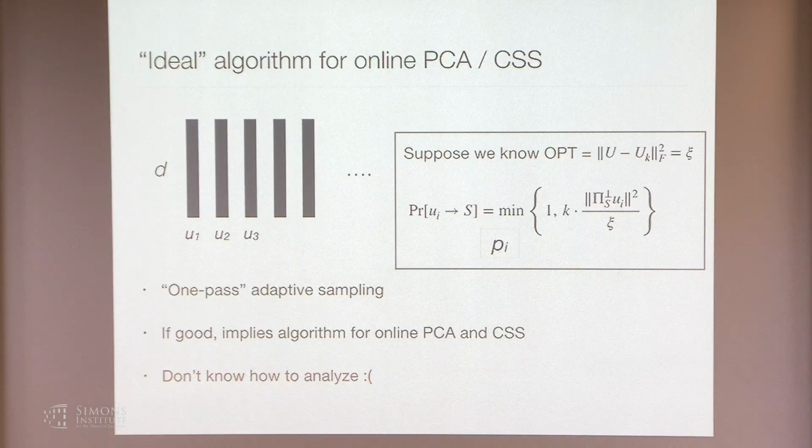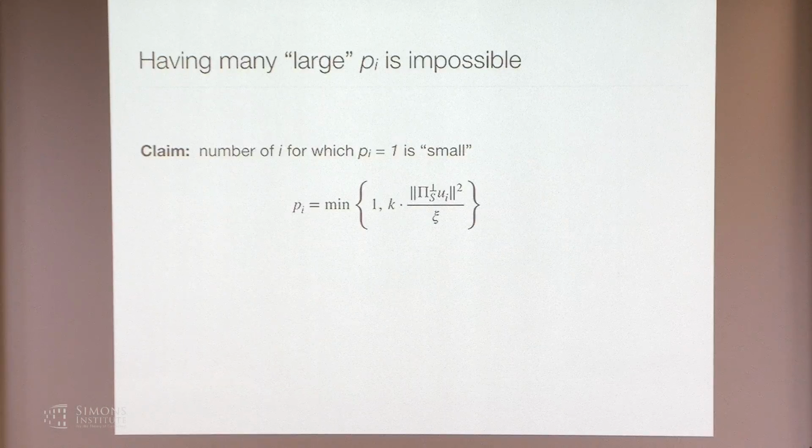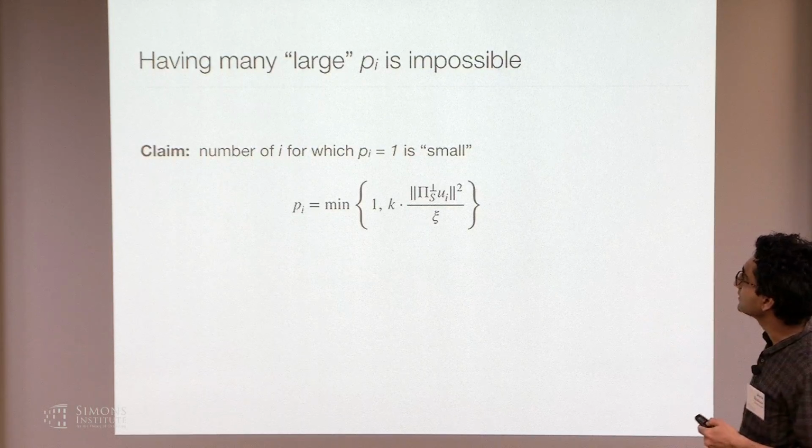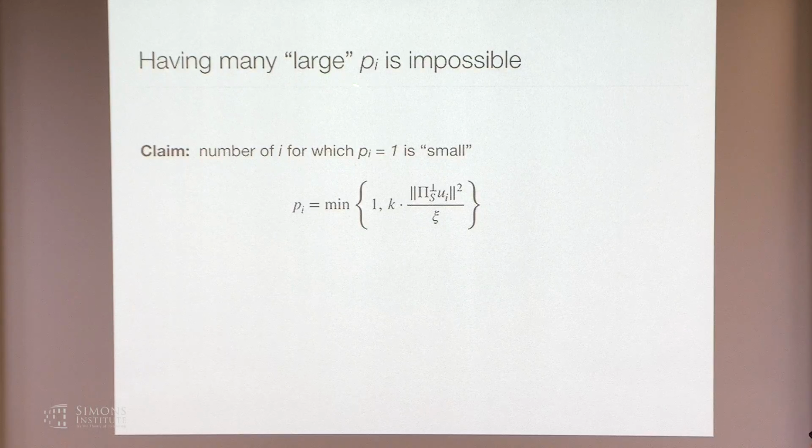But there are still parts of this algorithm that we can analyze. One simple claim, which turns out to be useful later on, is that if you do this process, the number of large pi's is small. Specifically, we want to claim that the number of indices i for which pi equals 1, remember pi was defined as this quantity, is small.